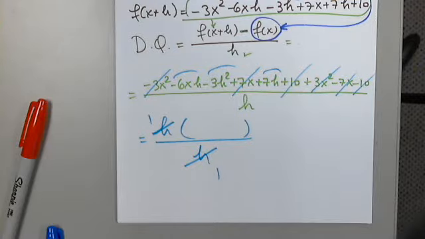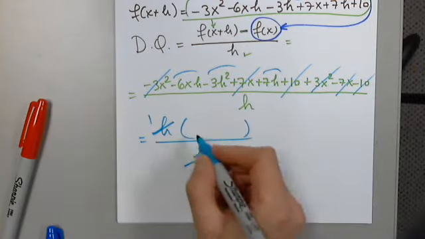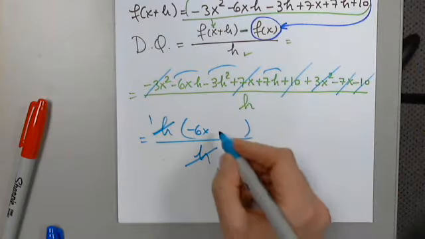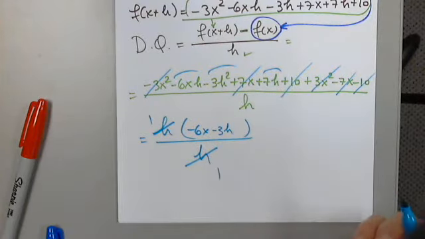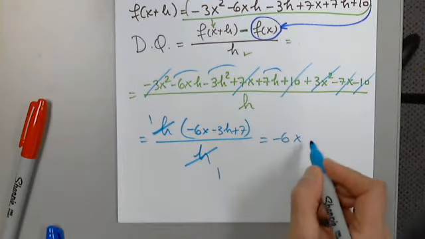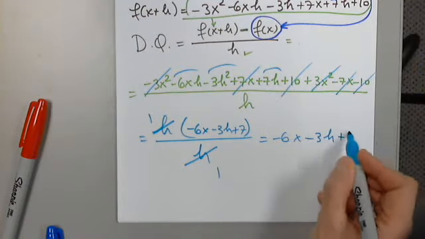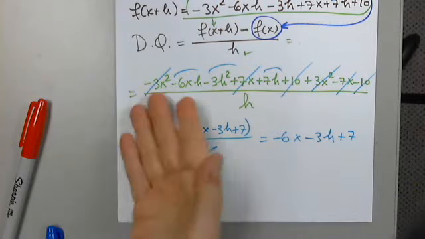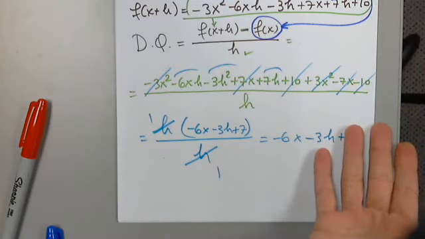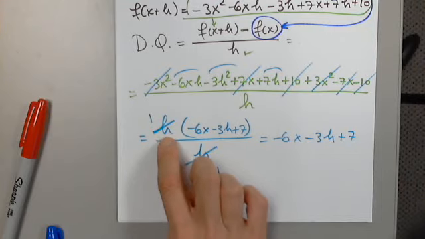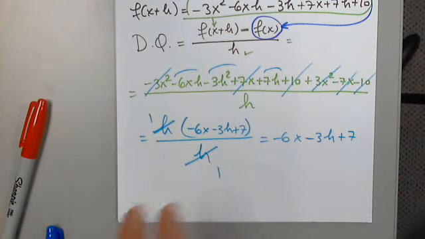Just give me the terms in parentheses. Minus 3h. Perfect. Plus 7. And this is the simplified form of the difference quotient for this particular function. Two things happened. All terms without h went away, and the remaining terms had h in common that simplified with the denominator.